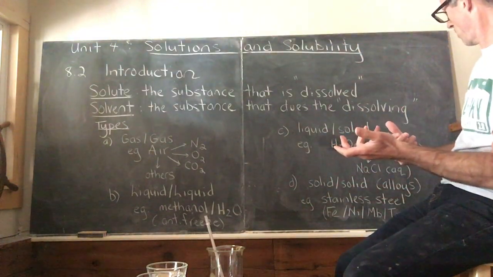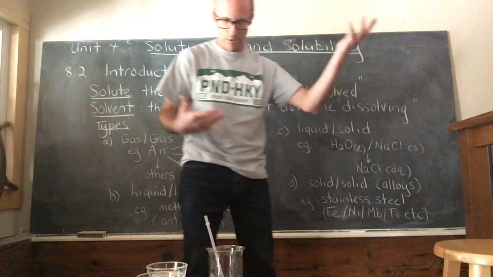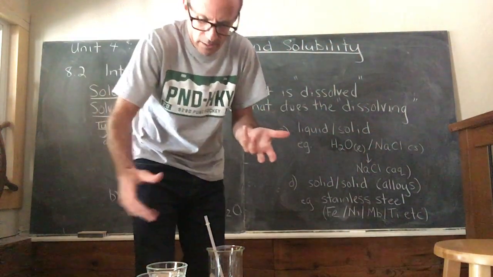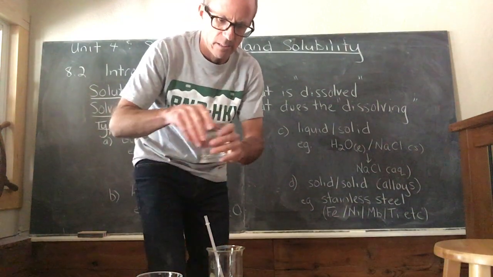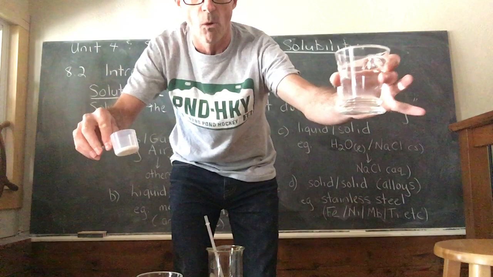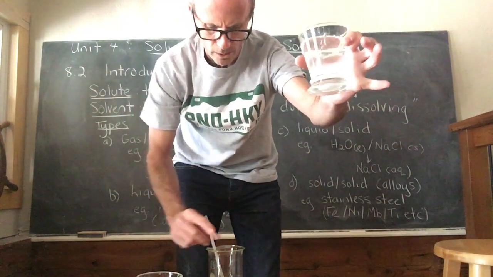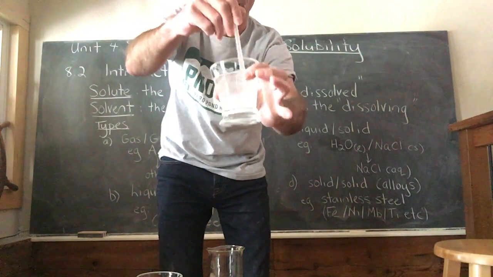Another type of solution that we can deal with is a good old liquid-solid solution. This is the one that you may remember from elementary. You have your salt and you have your water, and voila. You stir them up.